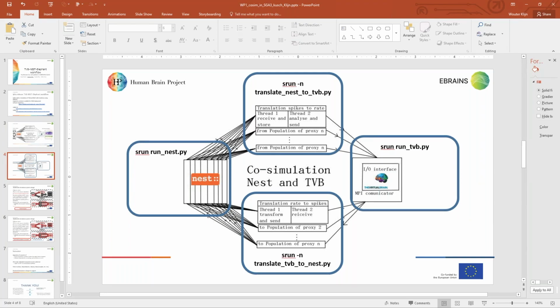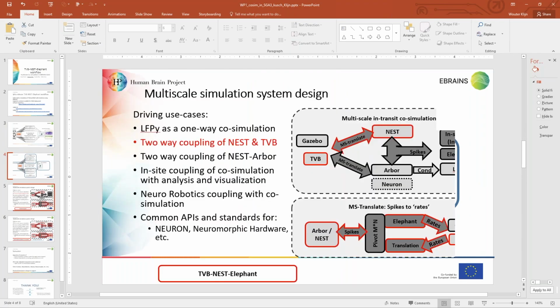I'm showing here the four blue boxes, and on this slide, you might see in the right bottom the same four boxes again, where we have on the left NEST, that transports spikes, and then Elephant that translates this into rates. This goes to TVB, and the rates go back to NEST.